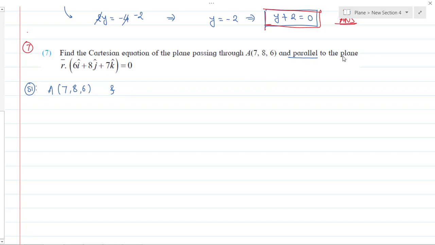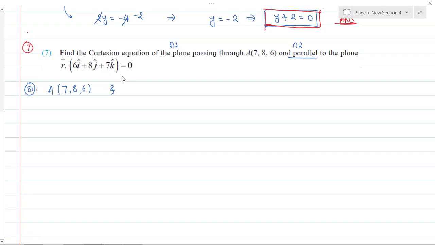See, if these two planes are parallel to each other, then I must say that their normal vectors are also parallel. The normal vector of this one suppose is n1, the normal of this one suppose is n2. If the planes are parallel, then n1 and n2 will also be parallel. And we know that parallel vectors share the same direction ratios. So I can directly say the direction ratio of the second plane and the direction ratio of the first plane will be in a ratio, or we can take that ratio equal to 1.